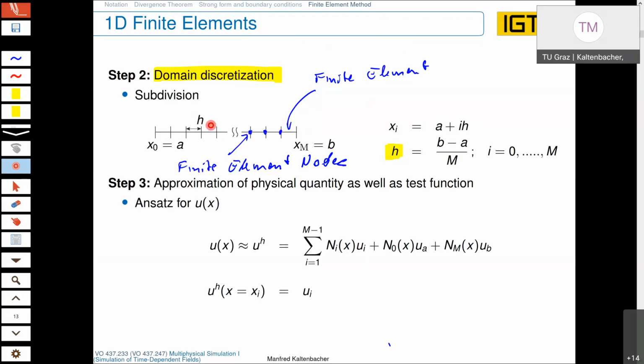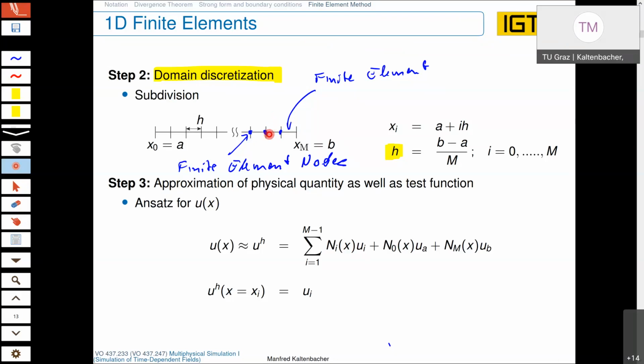That also means it is very similar to when you do the discretization or sampling of a time signal with an analog digital converter. It is now clear that due to this discretization, we in a first case lose the information of what is between these two nodes. How does the solution change between these two nodes? That is discretization.